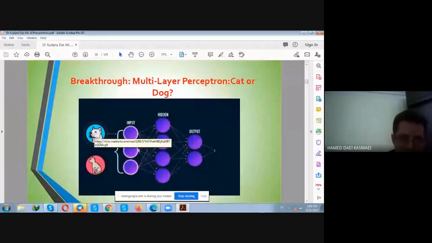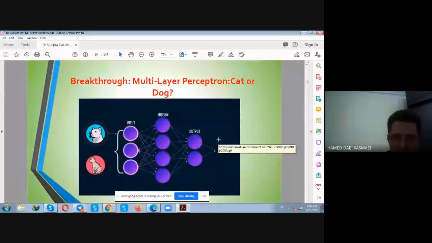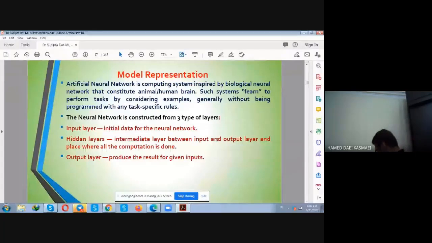So the answer here is a dog. All of these are pattern recognition algorithms, and you will see them in many applications, such as the trade market and social media. Okay, so we have here the model representation.